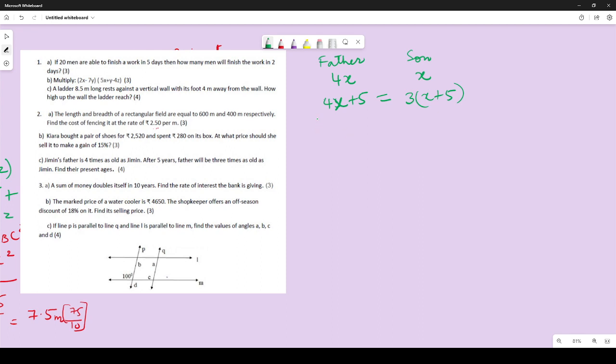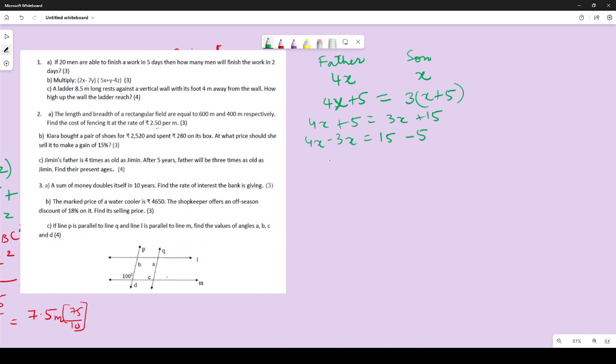So what does this give us? 4x plus 5 is equal to 3x plus 15. So you take the x on one side. Remember, this is plus. So when it moves to this side, it becomes minus.